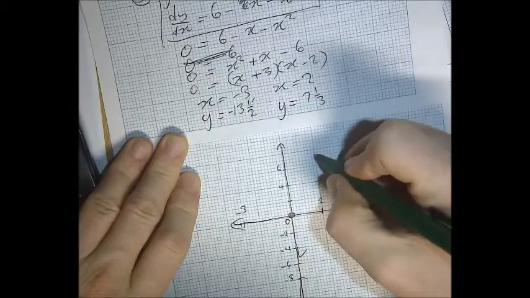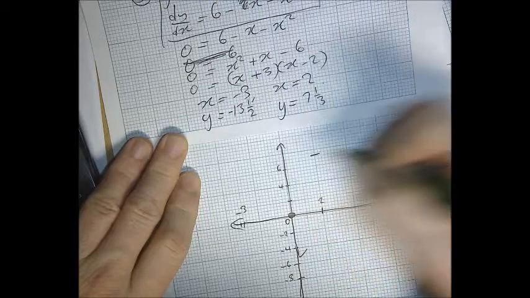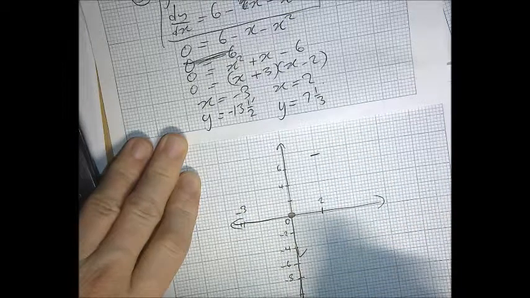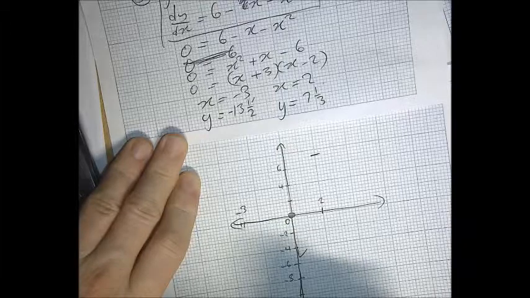So 7 1/3 is up there, it's flat there. Negative 3, negative 13.5. It's also flat there.